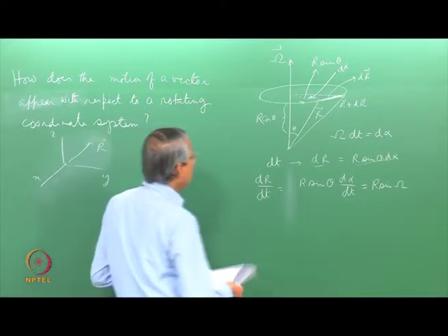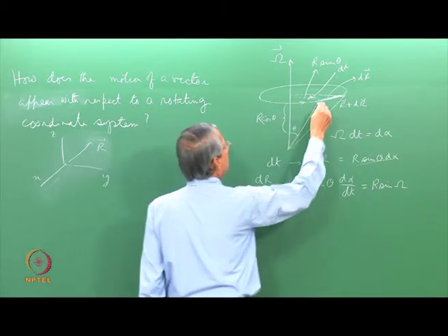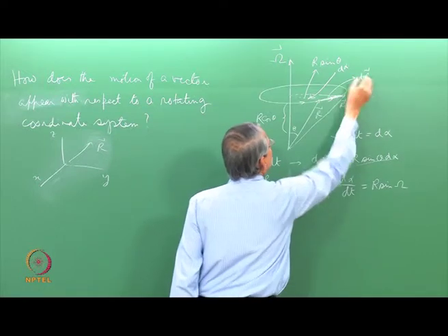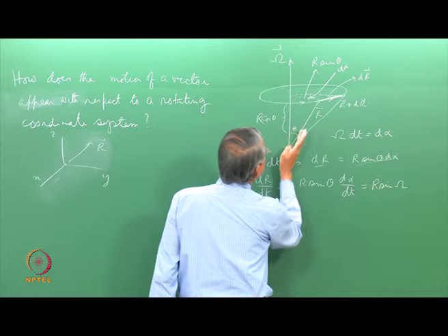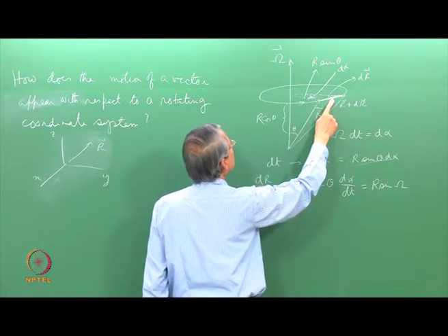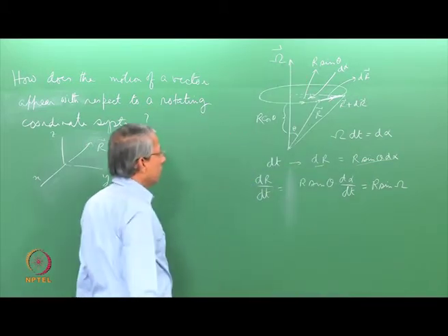So, this gives the magnitude of this. Now, we have to also worry about the direction of that. So, this direction dr, this incremental vector, is in the direction which is normal to r at every instant of time and also normal to this direction of angular velocity omega.